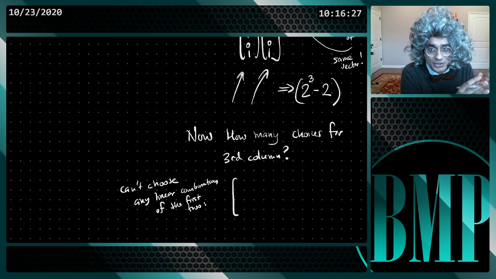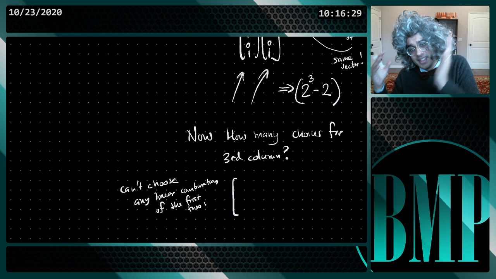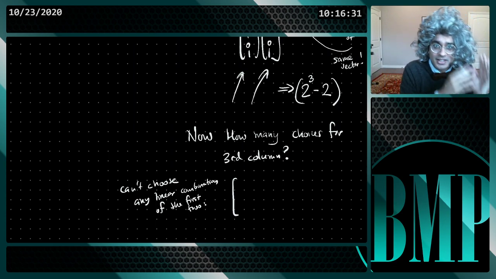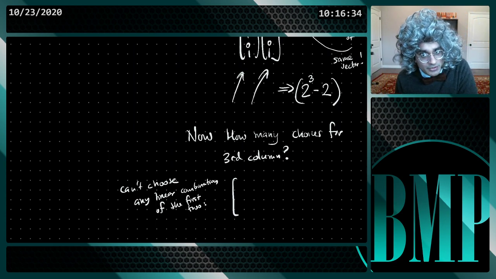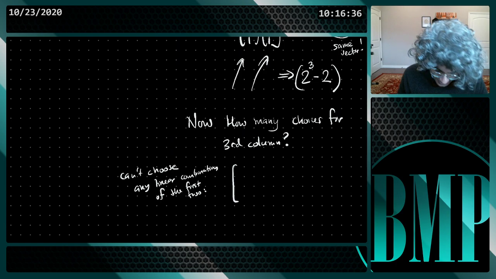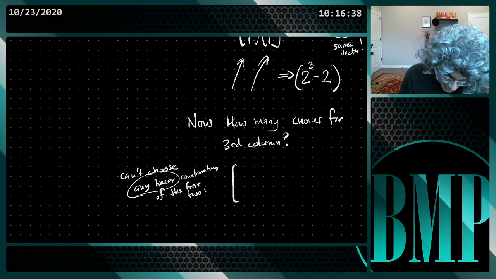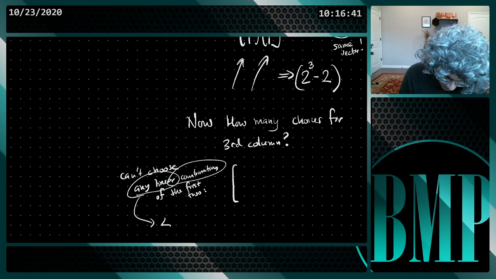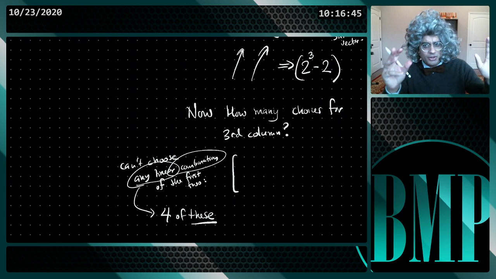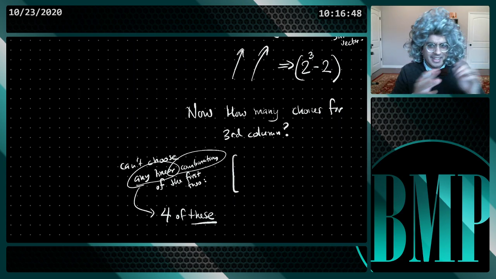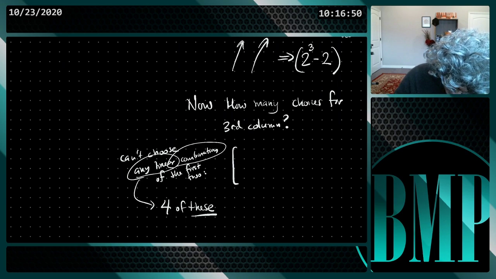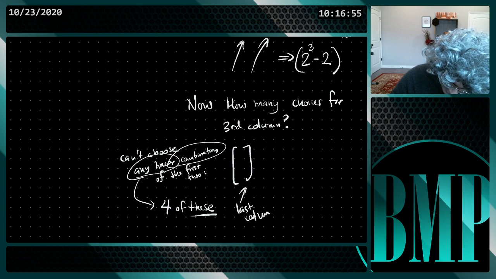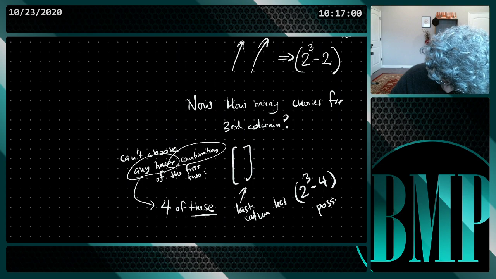So either take 0 times the first plus 1 times the first plus 0 times the second, 1 times the first plus 1 times the second, etc. So can't choose any linear combination. There's exactly 4 of these, or the last column. So the last column has 2 cubed minus 4 possibilities.